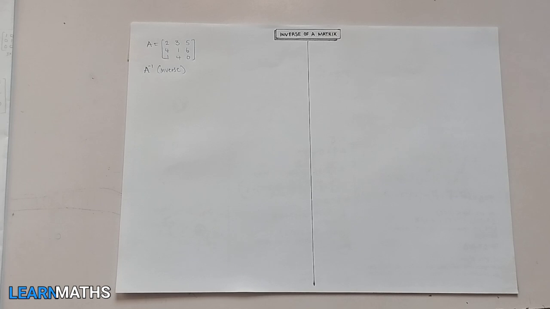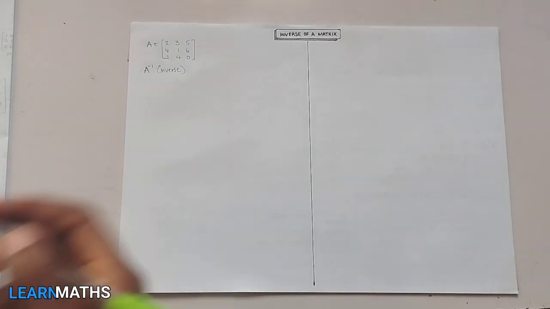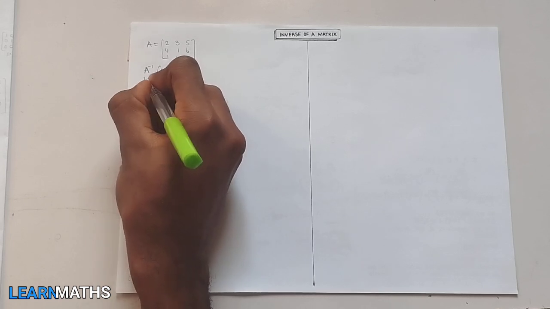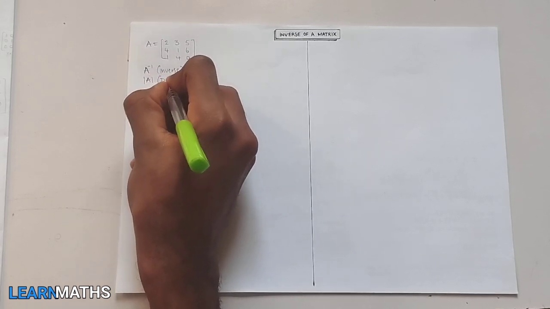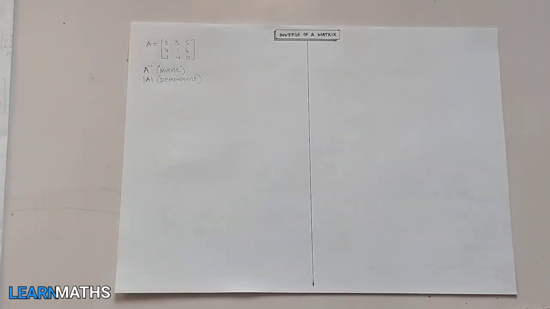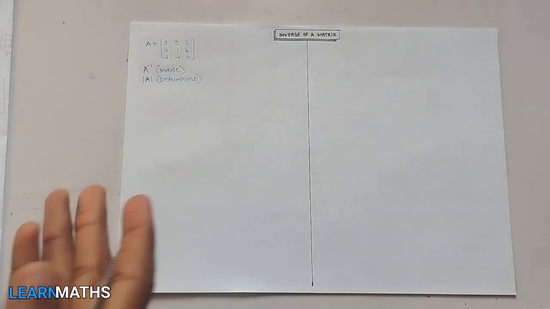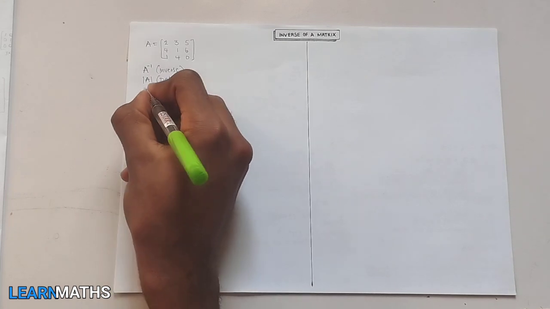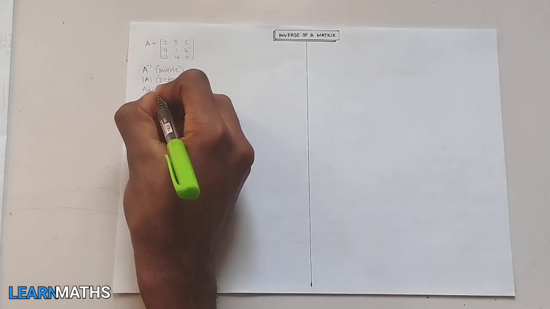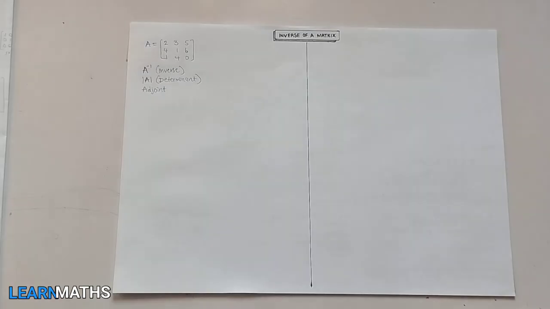Now, before we look further into inverse, we have to be familiar with terms like determinant of A. That's the determinant. Then we should also know what an adjoint is. The adjoint of the matrix A. Just get familiar with what an adjoint actually is.